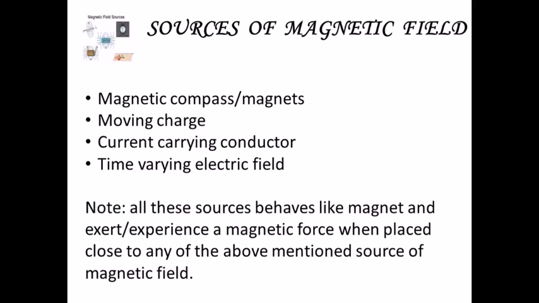A magnetic compass will experience a force if it's placed adjoining to a moving charge, or a current carrying conductor, or a time varying field. The same is valid for the moving charge and the current carrying conductor. If the current carrying conductor is placed near the compass or a moving charge or the time varying field, it also will exert or experience some magnetic force.